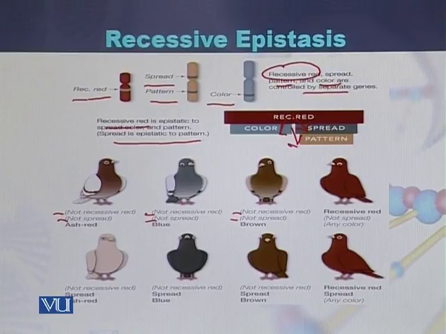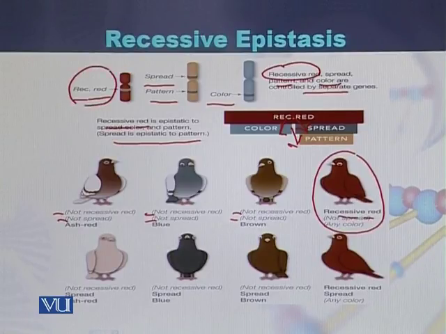But if there is recessive red, like in the case of this pigeon, here is the recessive red gene which is present on this chromosome. If there is recessive red, then the color of the pigeon will be different from the other three pigeons.